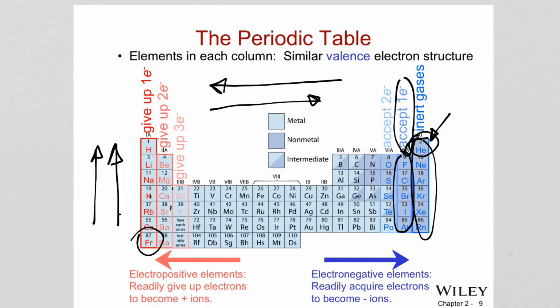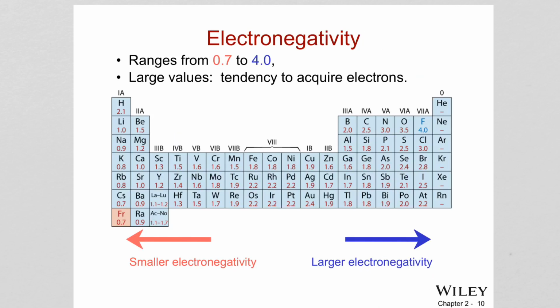And electronegativity has the same trend as the ionization energy. What is electronegativity? Electronegativity is the tendency of an atom to attract electrons towards itself. Electronegativity therefore increases when we go from left to right and from bottom to top.